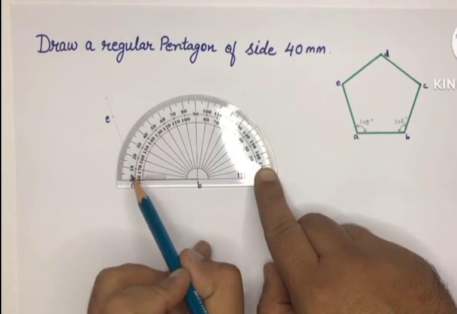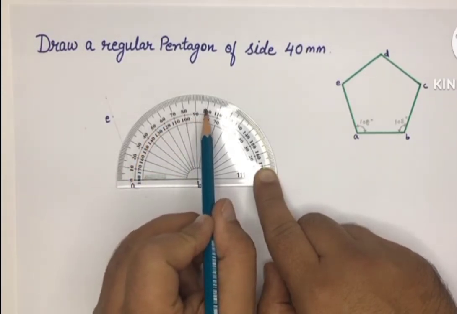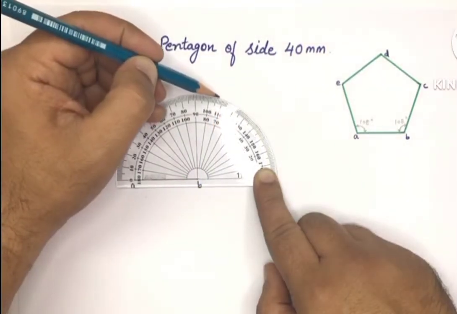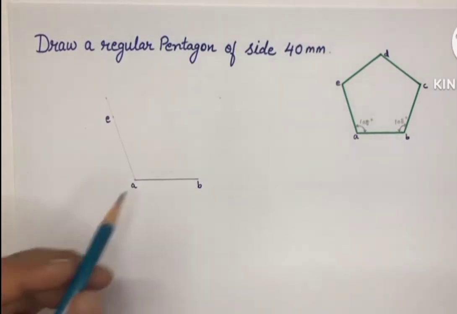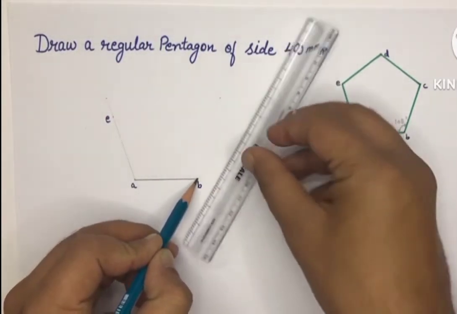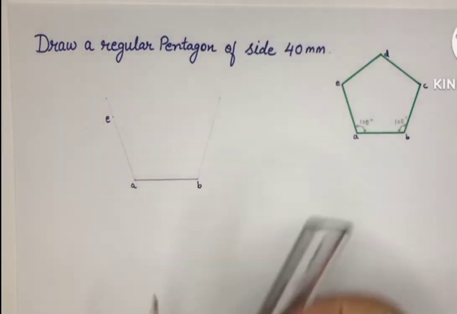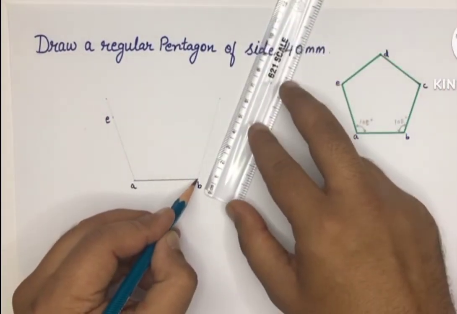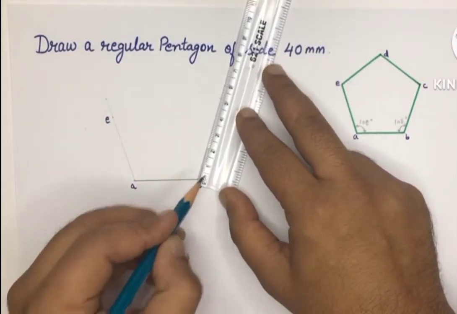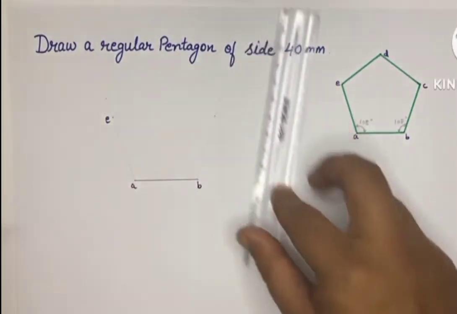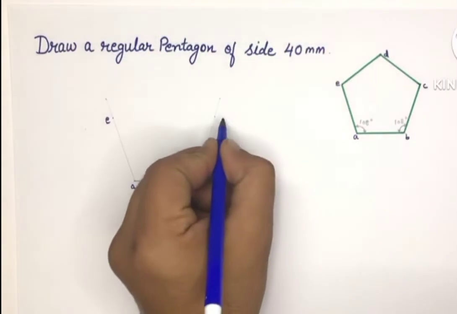Now in clockwise direction measure 108 degree. Connect this point with B and measure 40 millimeter. And here we get point C.